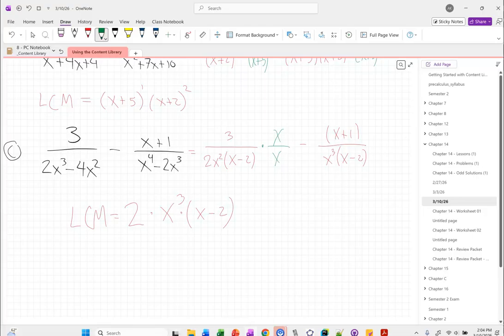Everybody see it? What about the second fraction? What do I need to multiply that one by to make the least common multiple in the denominator? Just a 2. Everybody okay here?